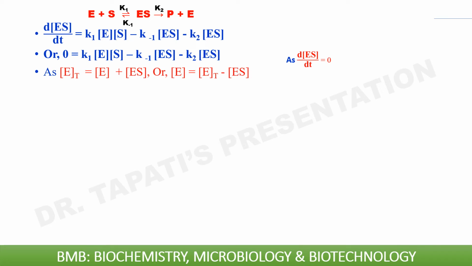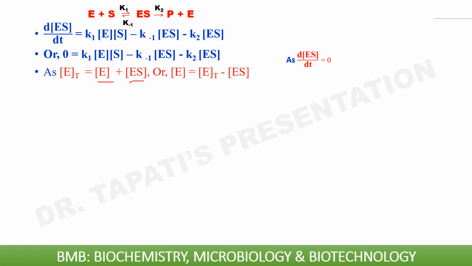Now, the quantities of ES and E are not directly measurable, but we can calculate the value of total enzyme concentration. Total enzyme concentration is equal to the concentration of enzyme plus the concentration of enzyme-substrate complex.